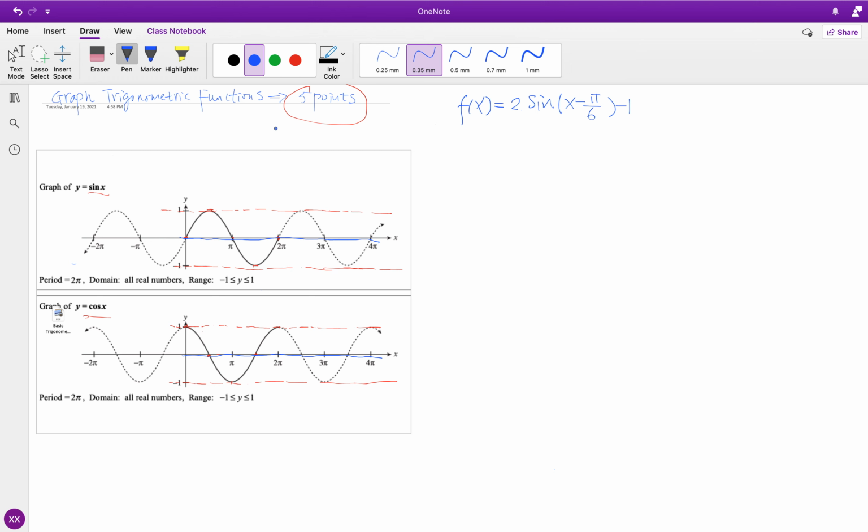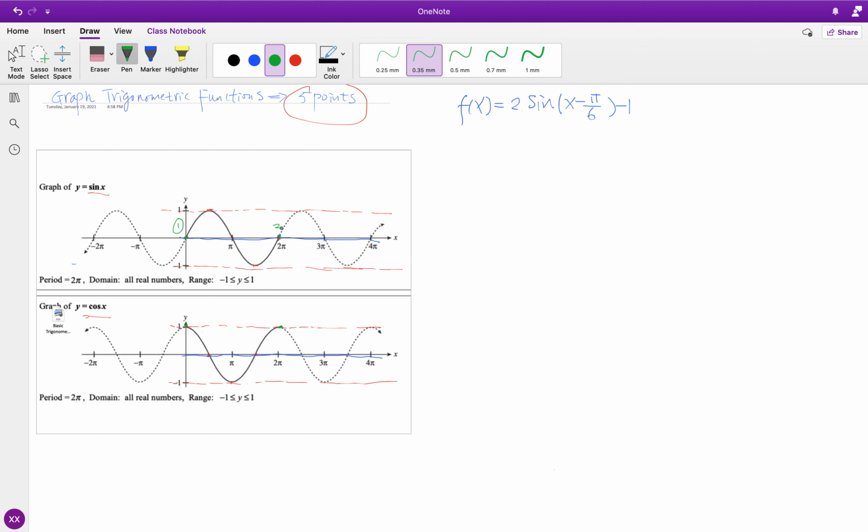So what are these 5 points? The 5 points are the so-called starting point and the end point. And then we would also have this midpoint. So this is our first point.